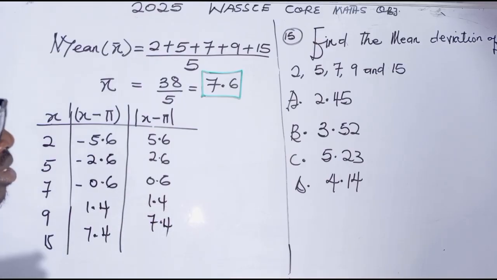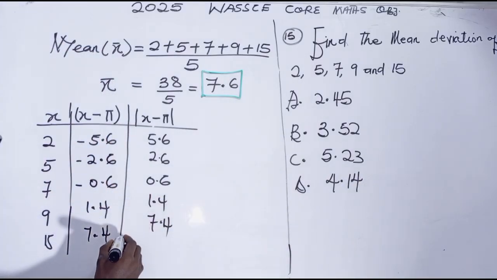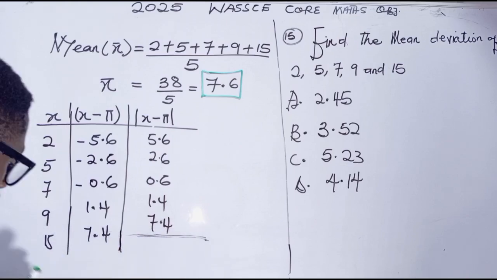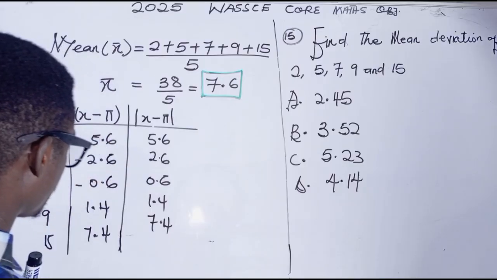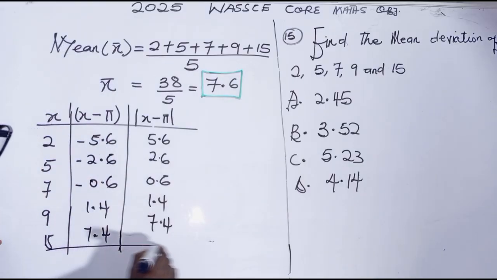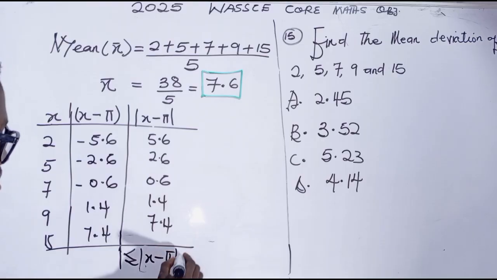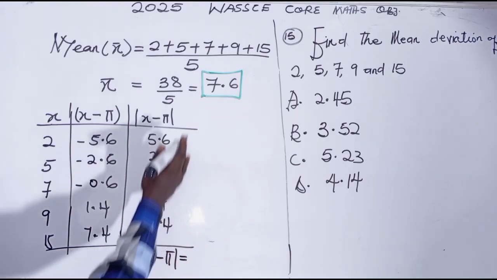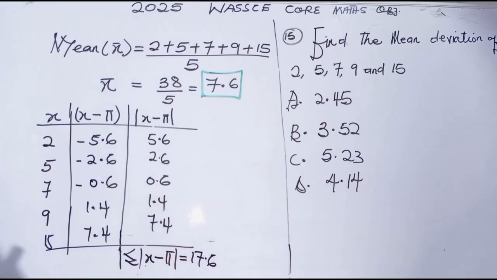Since we are talking about the mean deviation, let's sum all of these together, the summation of the absolute of x minus the mean. When you sum all of these together, you get 17.6.